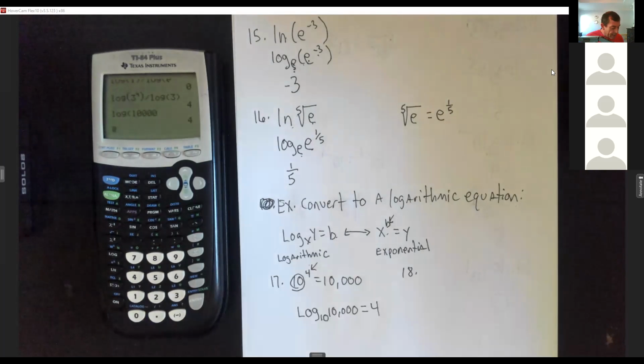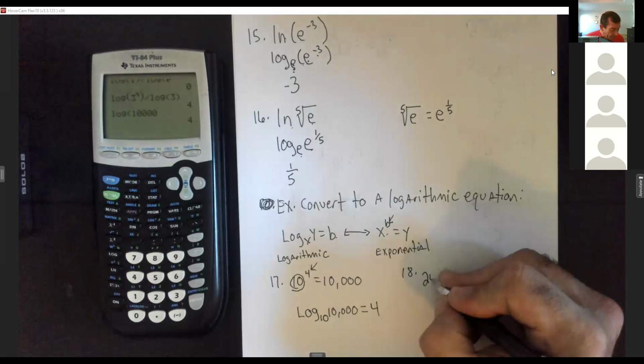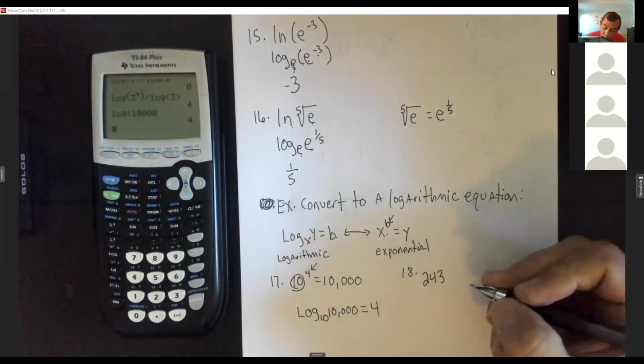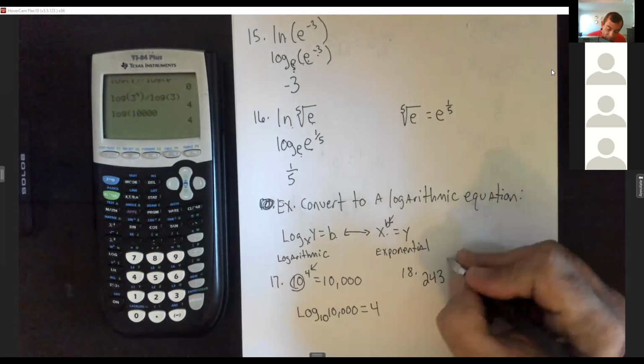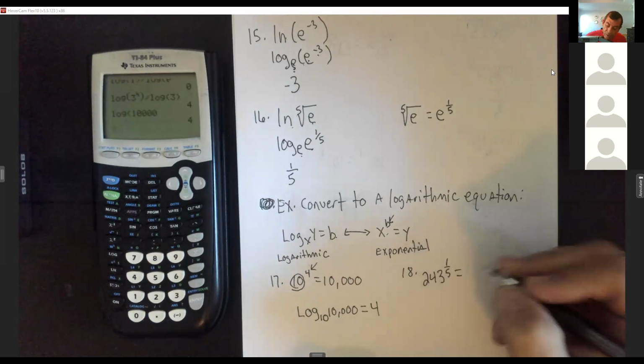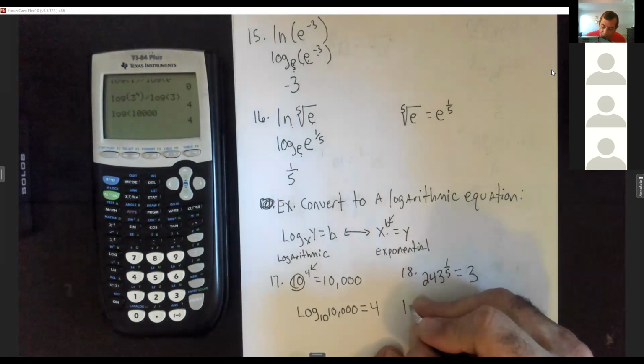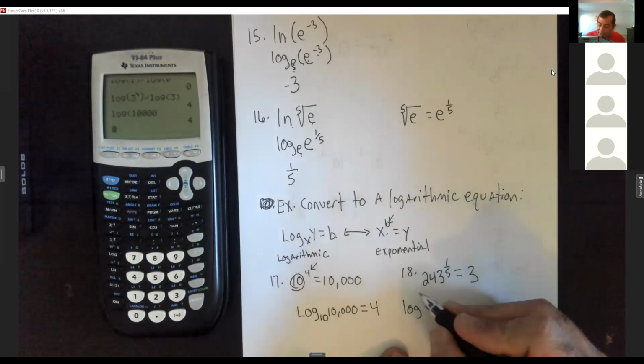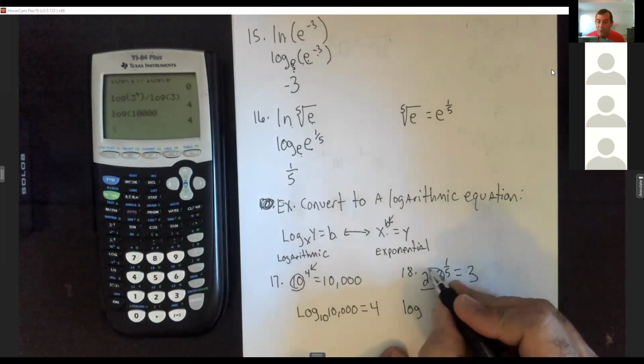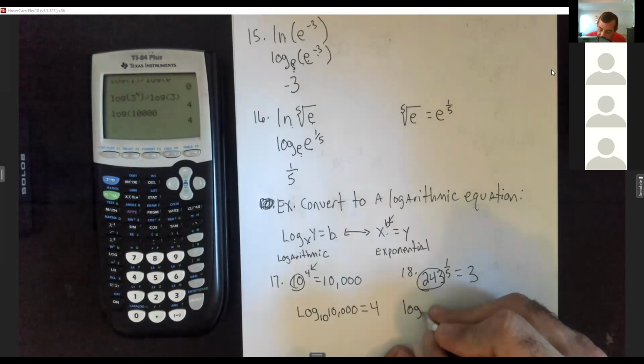All right, 18 is 243 to the 1/5 equals 3. So here we go. We got our log. The base is the 243. So that's going to be the small number down here.